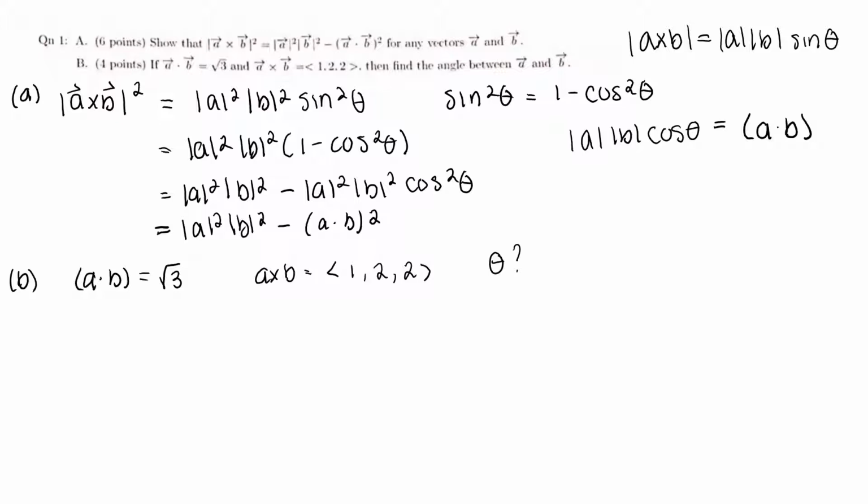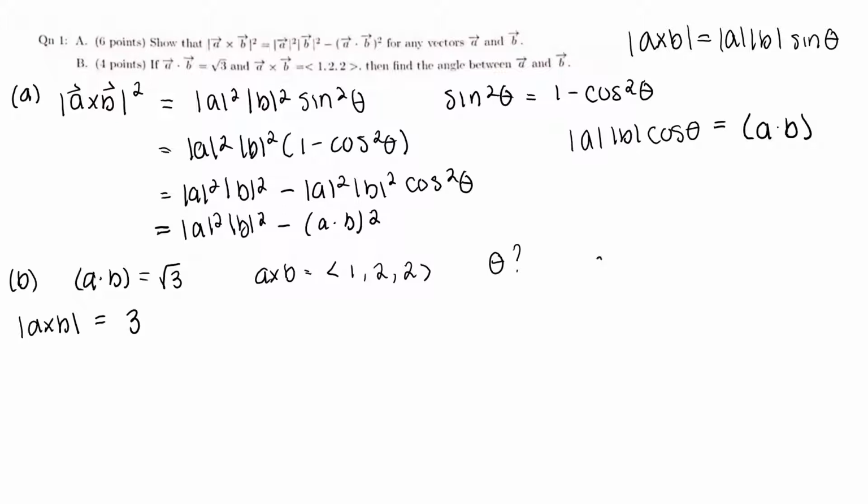Well, first let's find the magnitude of a cross b. So finding the magnitude, we end up getting 3.